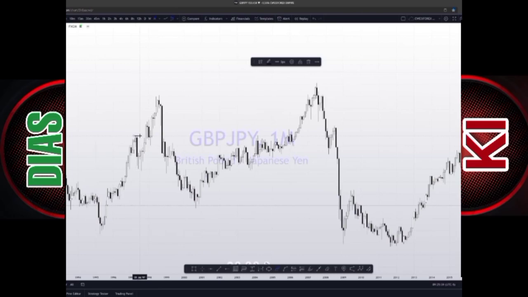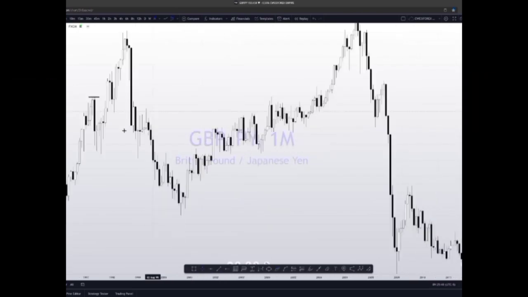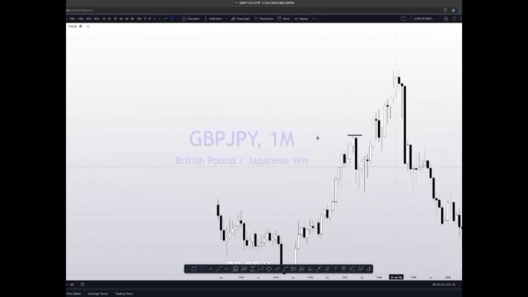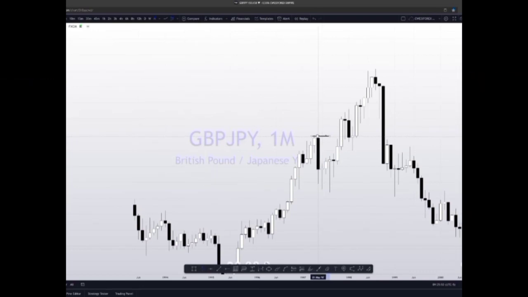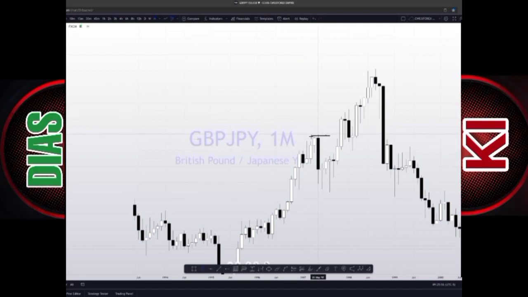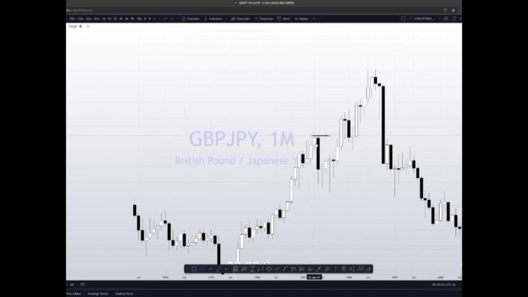This candle got liquidated. It's not that clear, but I can see this bearish candle took liquidity from this bullish candle. You can see it took out the liquidity above this previous monthly high, and it sold all the way to the downside.